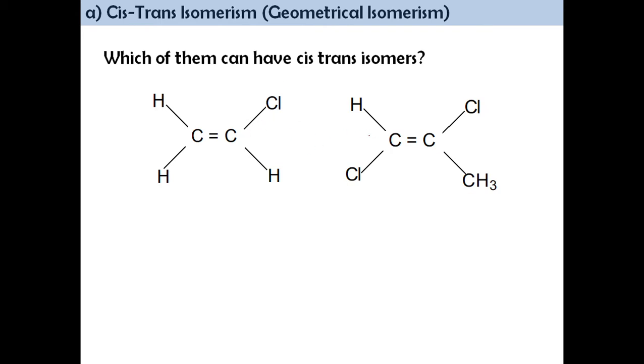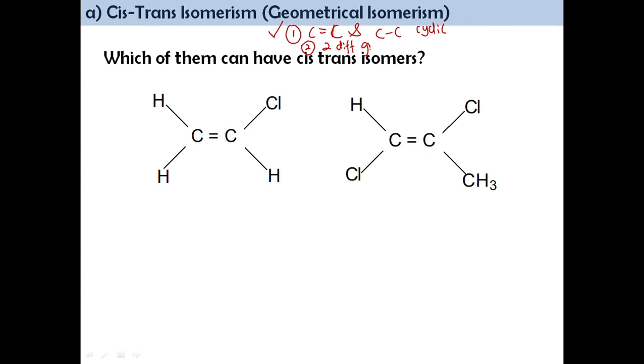Which of them can have cis-trans isomer? So, kita tahu syarat yang pertama adalah C double bond C dan C single bond C dalam cyclic. Jadi, syarat yang pertama bolehlah sebab dia memang ada C double bond C. So, syarat yang kedua, setiap carbon ini attach dengan two different group.